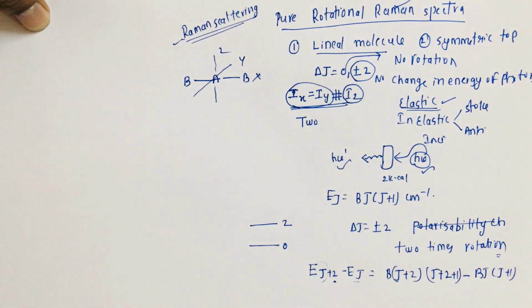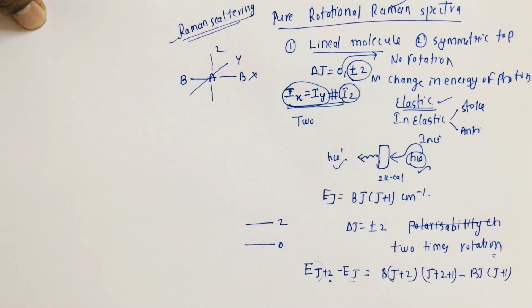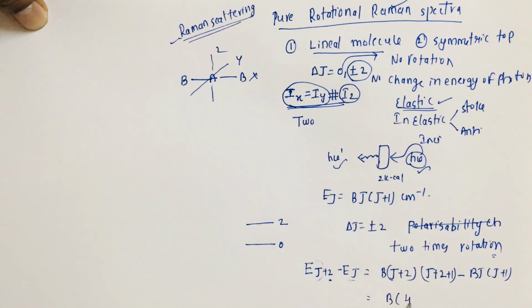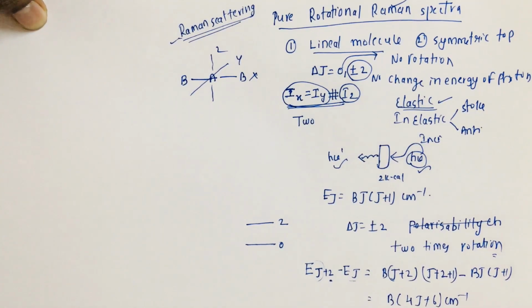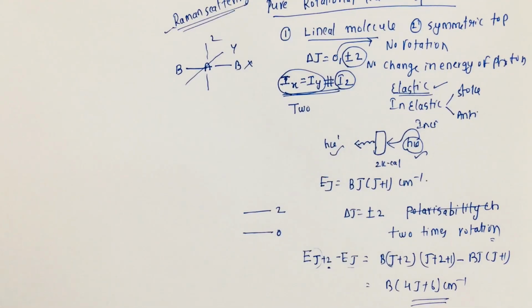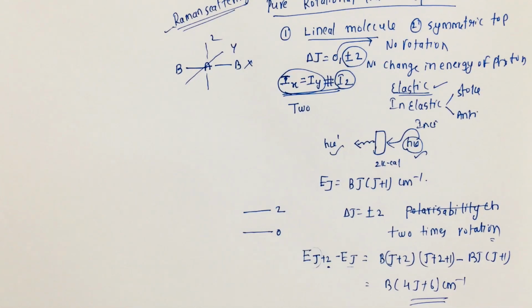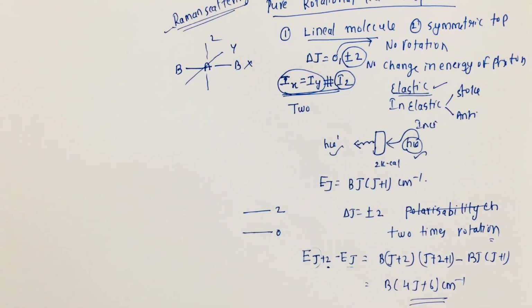If you simplify this, we get B into 4J plus 6 centimeter inverse. This is very important; you have to remember this principle, because many times problems have been asked on it.